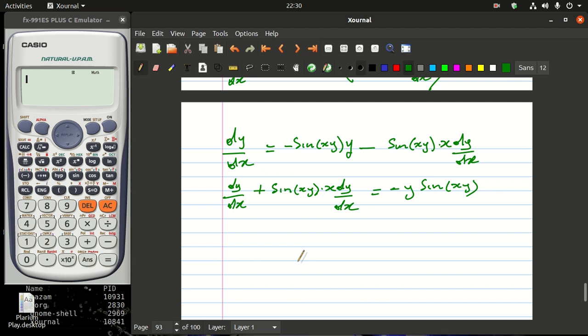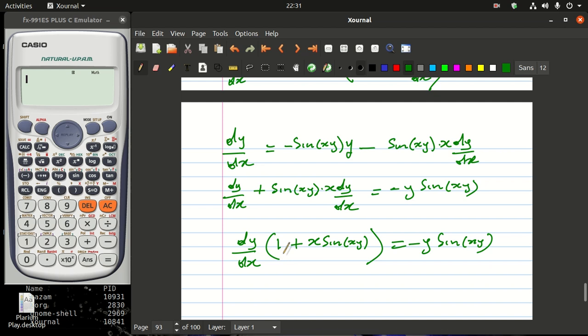Then I factor out dy dx here, and after factoring dy dx I will be left with 1, and then x times sine of xy, and on the right hand side I have minus y sine of xy.